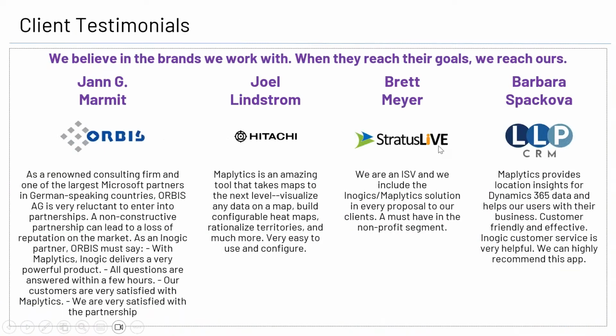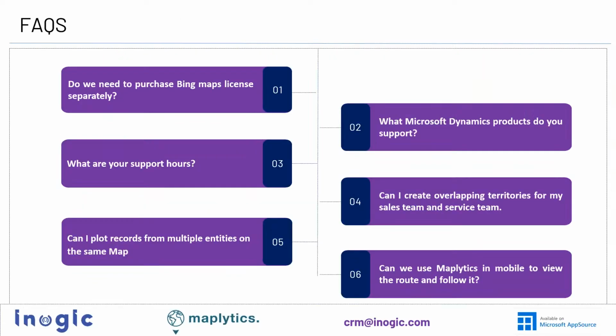These are some of the testimonies of our customers. If you want to know more about them, you can head to our website, www.maplytics.com, and you'll be able to see all these customer testimonials, their use cases, and how they have used Maplytics. If anyone is similar to your requirements, just reach out to us anytime, right?